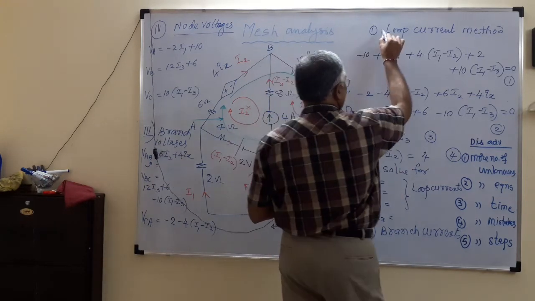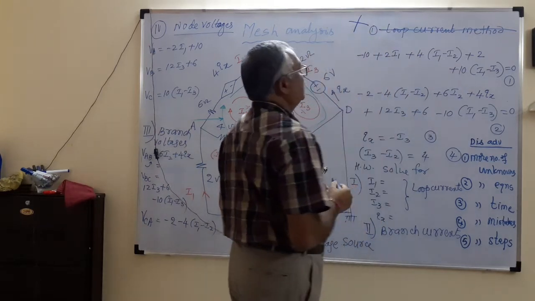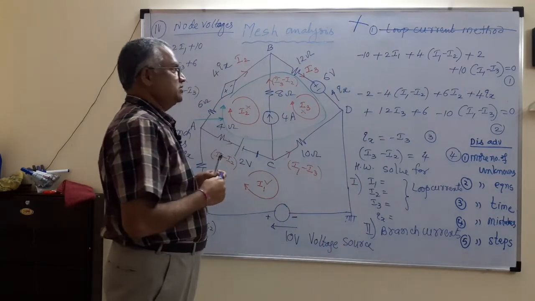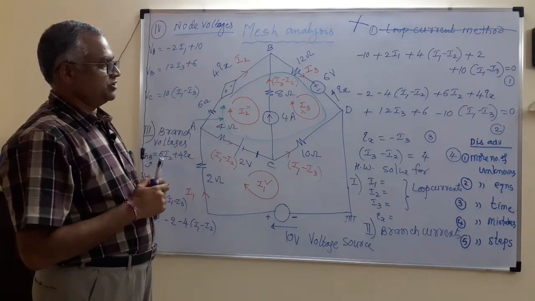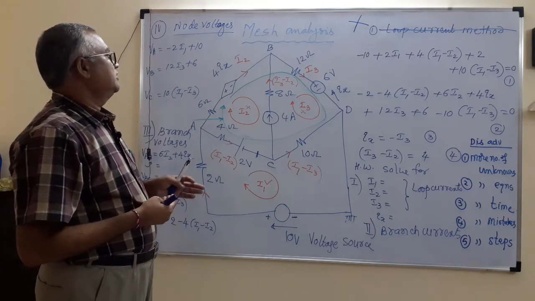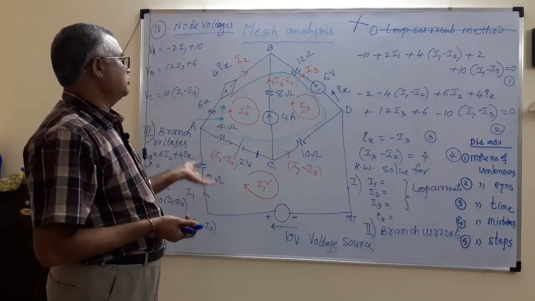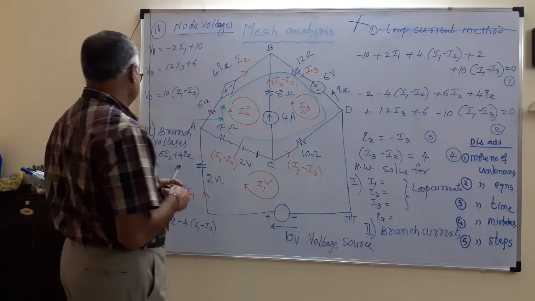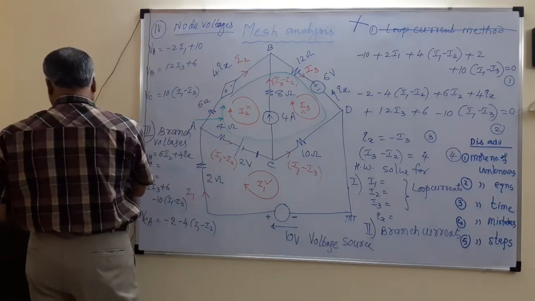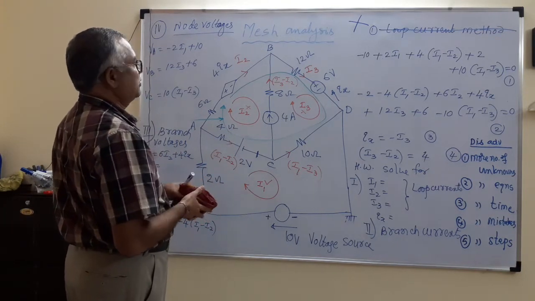Therefore, we don't use this method at all. This is one of the worst methods. The loop current method is a time-wasting method: more unknowns, more equations, more time. But in intermediate and BTech first year, most of the local books teach this method only. So it is one of the, or I can say, useless methods. So this is the loop current method.